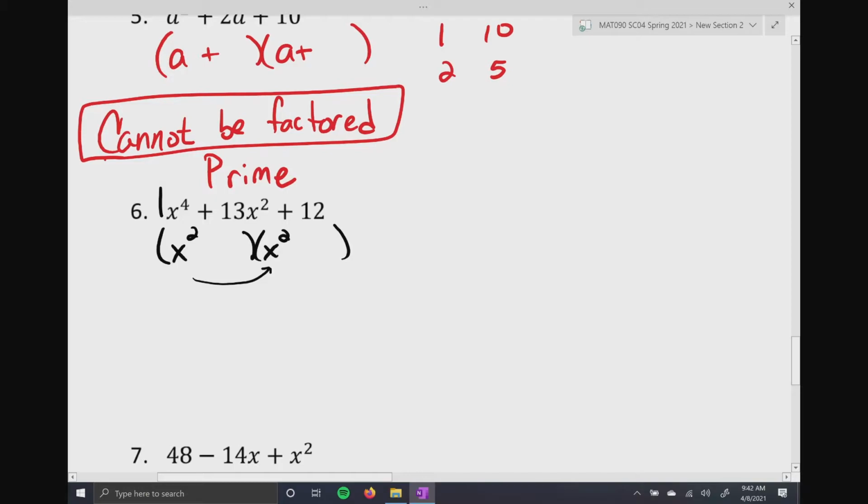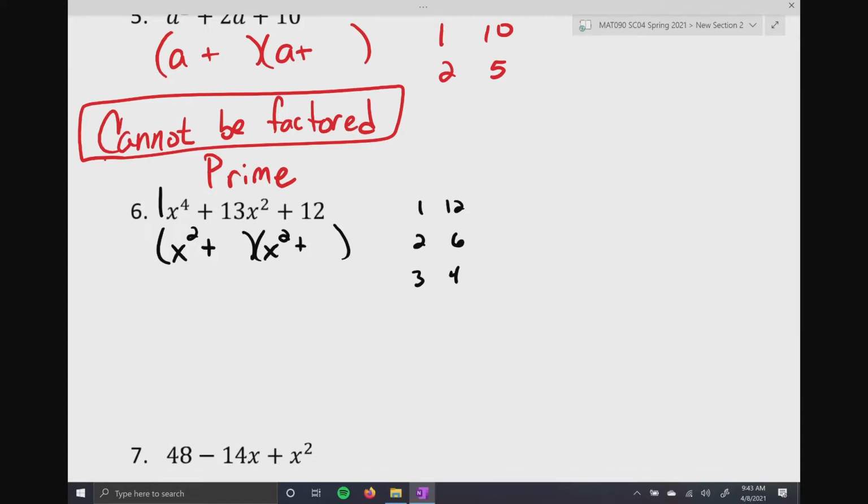Next, we always copy down the first sign. That's a plus. Now let's find our other sign. Well, that's going to be a plus as well. Now I need the factors of 12. 1 and 12, 2 and 6, 3 and 4. I need them to combine to give me positive 13.